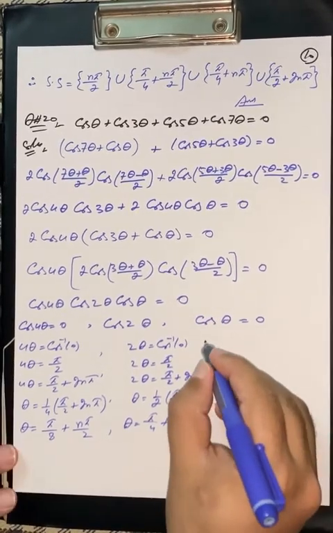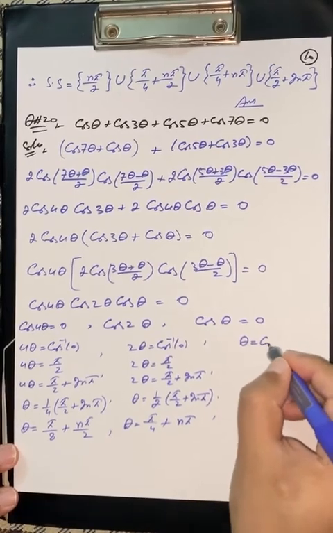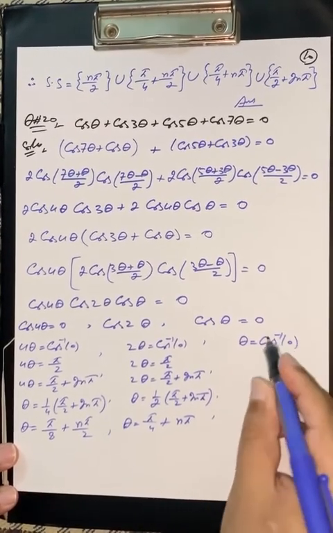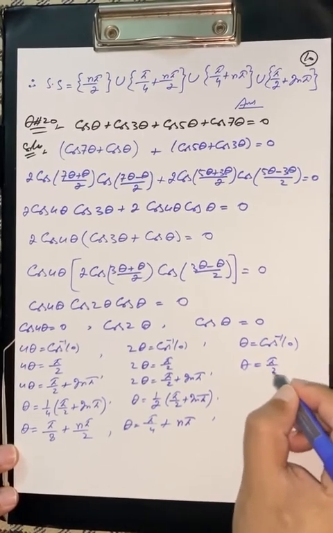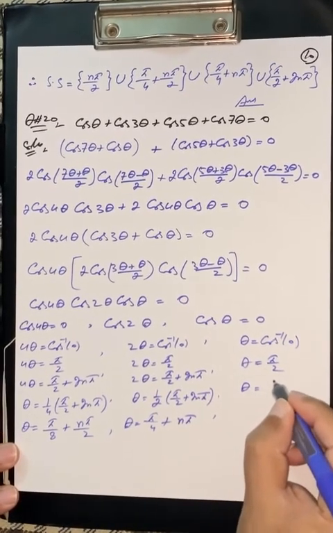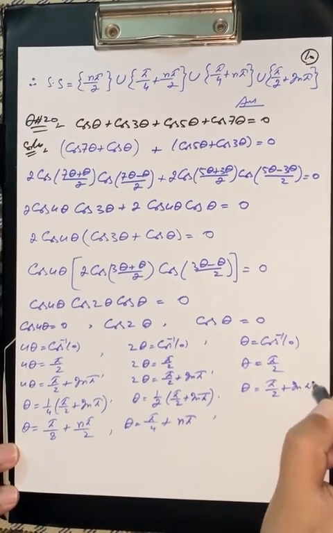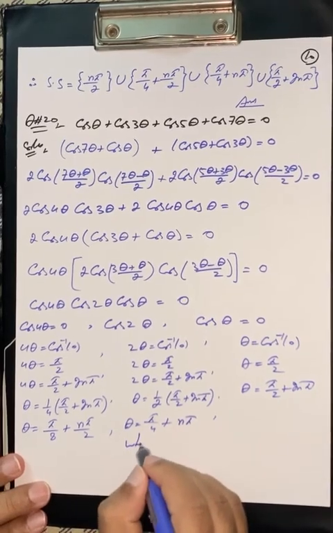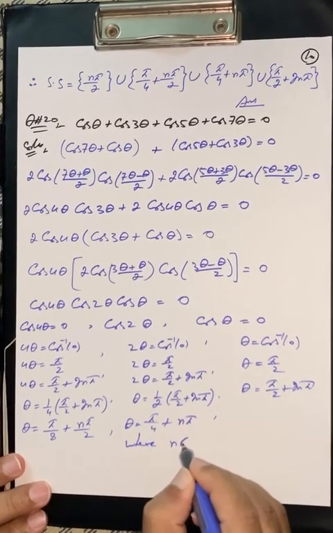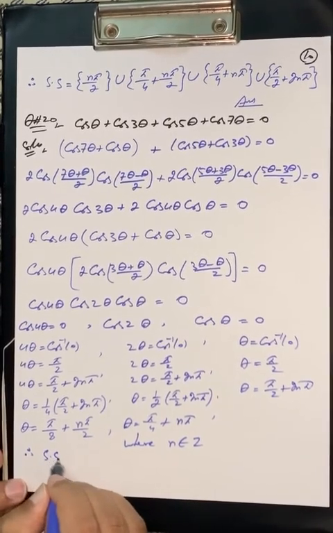Now we go with the third one, that is theta equals cos inverse 0. Theta equals pi by 2. In the next step we add the period, pi by 2 plus 2n pi. We can't solve this further, so right here, where n belongs to Z. Now we will write the solution set.